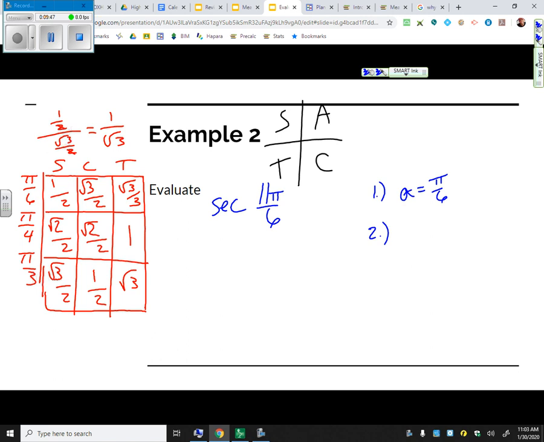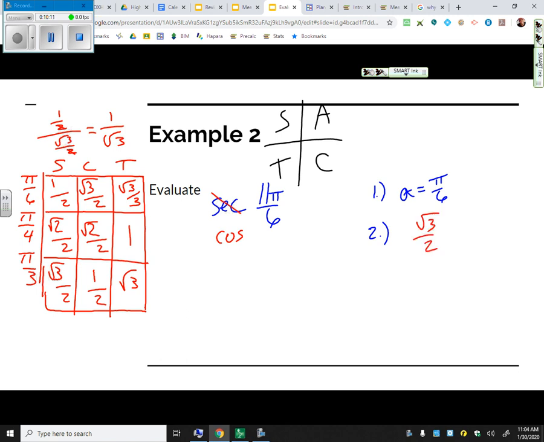So I'm going to find secant over here. No one said for sine. So which one over here is going to help me? Cosine. So what I do is I mark this out, and I just think of it as cosine of 11 pi over 6 for a while. Okay? So I'm just going down. I'm going to do cosine of this pi over 6. Cosine pi over 6. Give me that square root of 3 over 2.